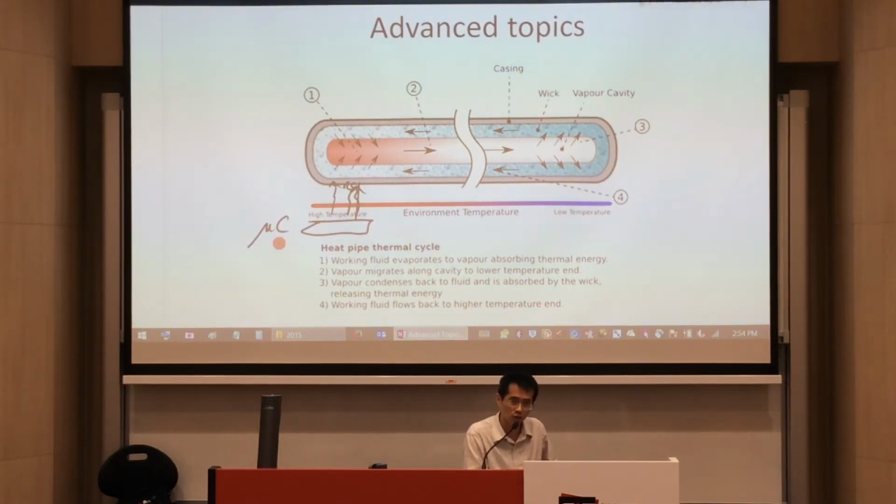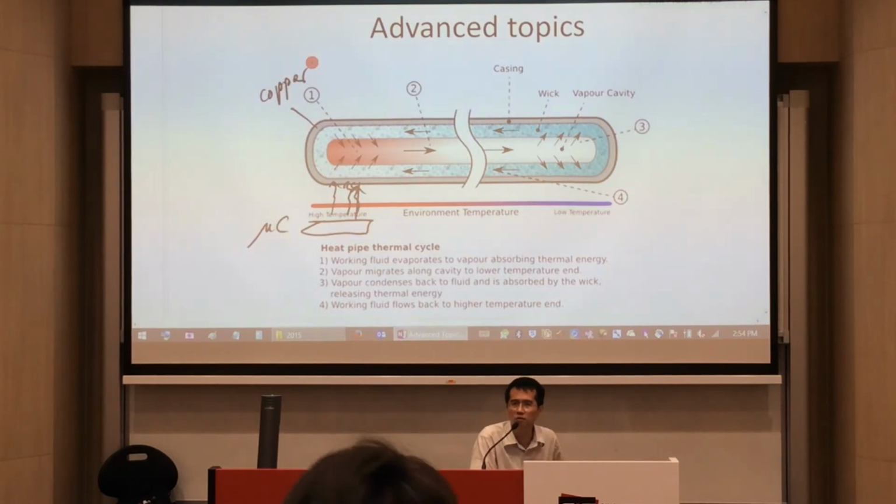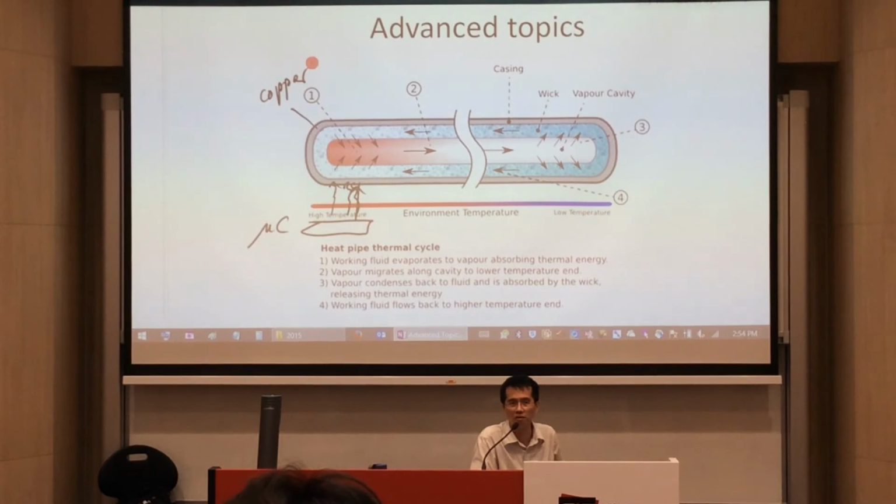The microcontroller is going to get heated up, so you place this heat pipe above it. This heat pipe would have a certain shell around it. Usually this shell is made of metal, and you could find various metals, but let's use copper because just now you saw in the figure, it looks like a copper thing. This copper shell seals up this bluish, grayish region.